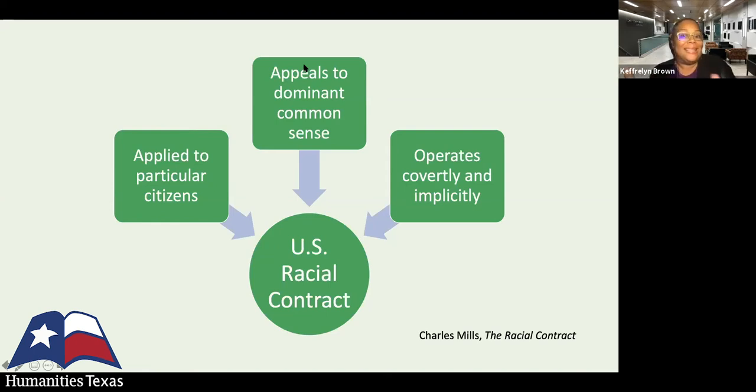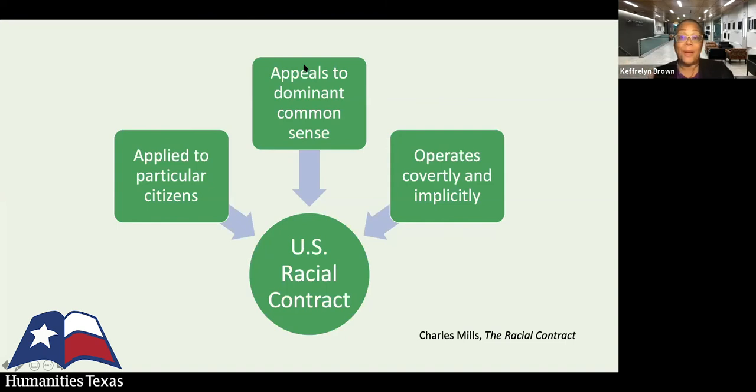The social contract did not belong to them. And when these decisions are made, they are implicit. They operate covertly and implicitly. In some cases, it might be written in law, but when it's not written in law, it's still there. And often the dominant society is willing to embrace it because it appeals to dominant notions of common sense.